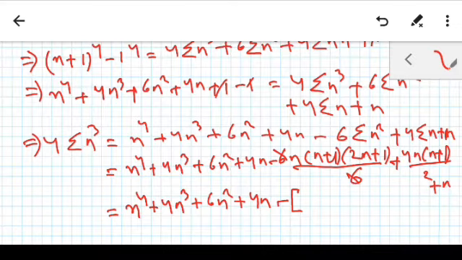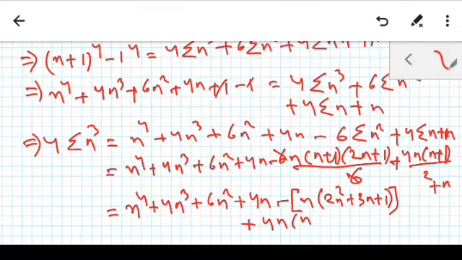So what you do first, it will be better you keep it like this, n into 2n square again 2n plus n, it will be 3n plus 1, then plus this is 4n whole into, and 2 will get cancelled, so it will be remaining as 2n whole into n plus 1 plus n.